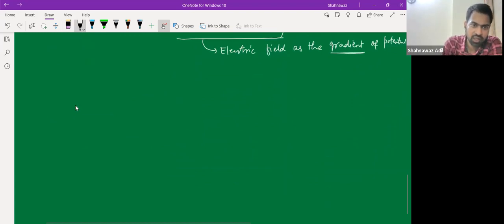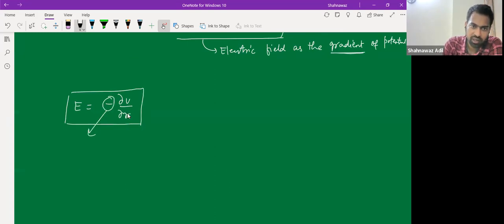So the electric field is minus dV by dr. Let's say, what is the meaning of this sign and what is the meaning of this part? dV means that your potential is changing, right?